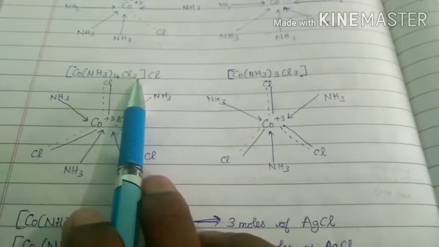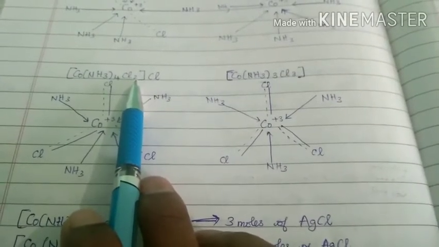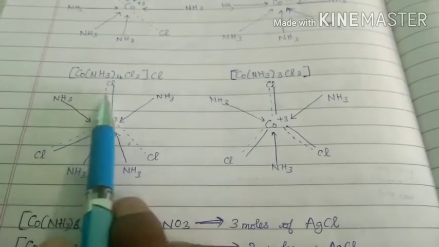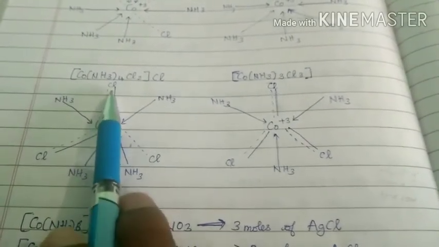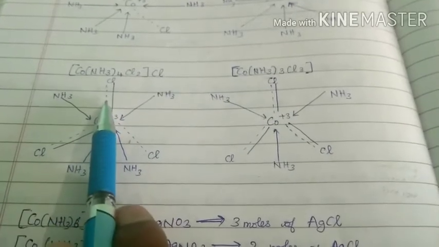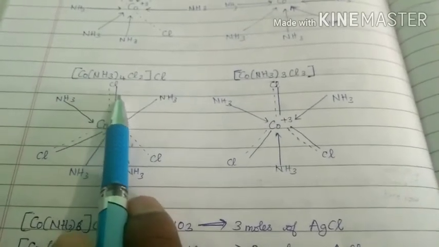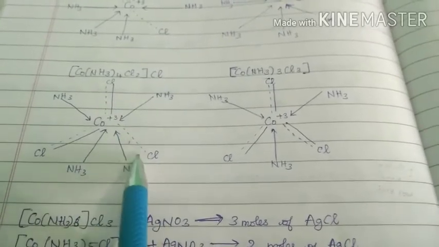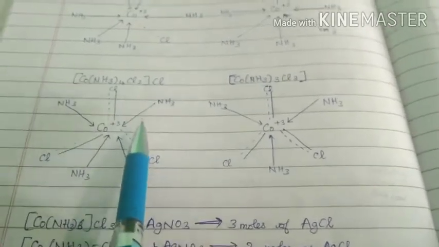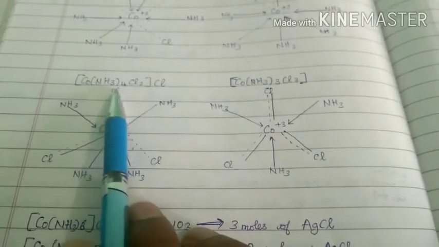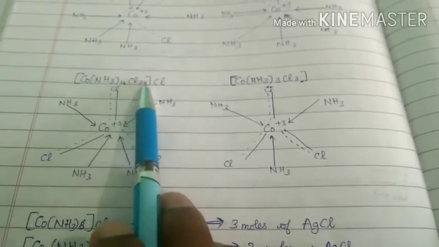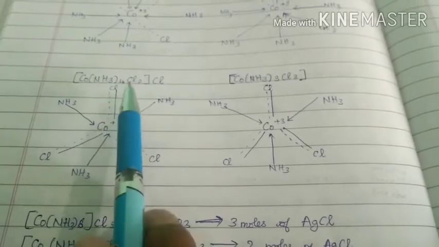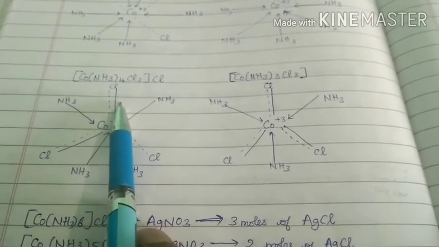Again those two chlorines are represented by bar lines. See, this is one chlorine, this is one chlorine. So these two chlorines are represented by dotted lines as well as bar lines. But this chlorine is only represented by a dotted line. Why? Because in this complex compound, two chlorides act as ligands. That is why those two chlorides are represented by dotted lines as well as bar lines.